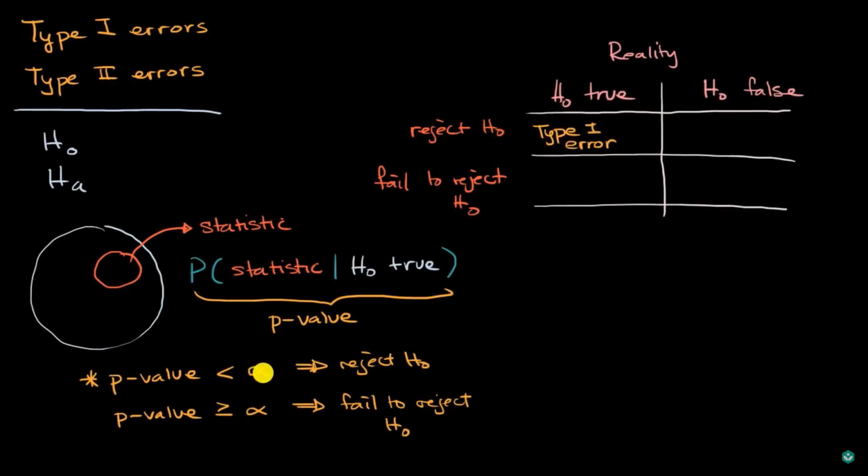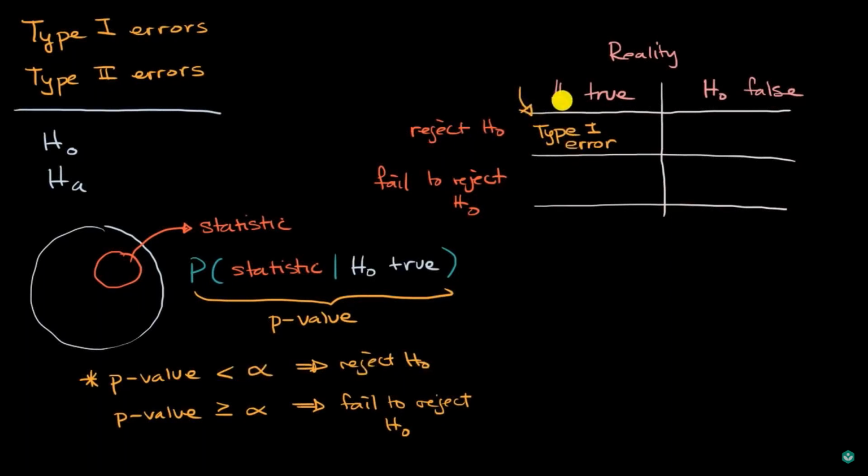Well, that's going to be your significance level. Because if your null hypothesis is true, let's say that your significance level is 5%. Well, 5% of the time, even if your null hypothesis is true, you're going to get a statistic that's going to make you reject the null hypothesis. So one way to think about the probability of a type 1 error is your significance level.